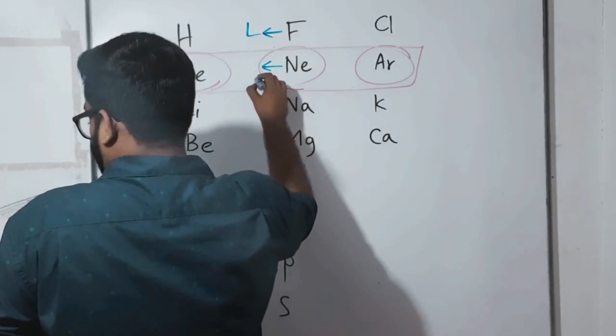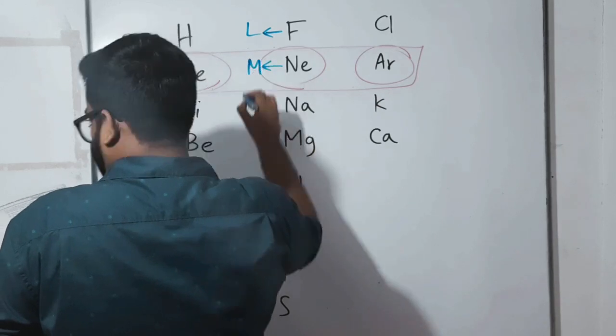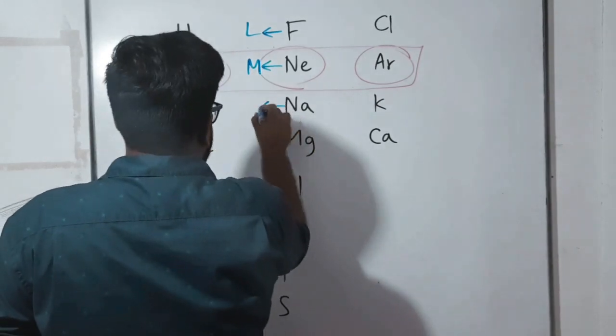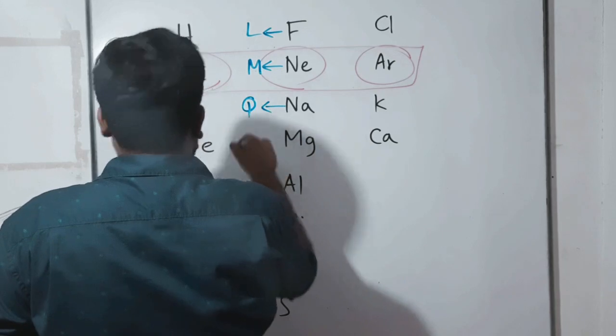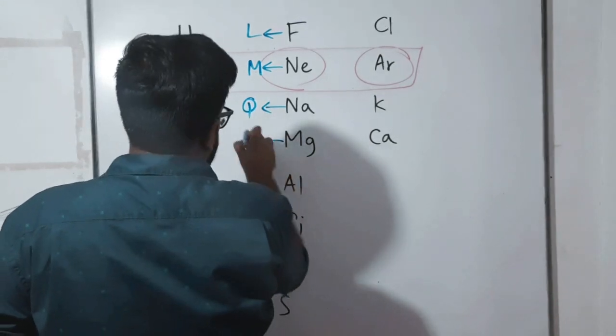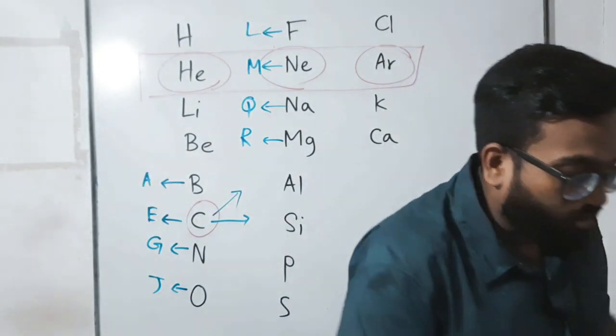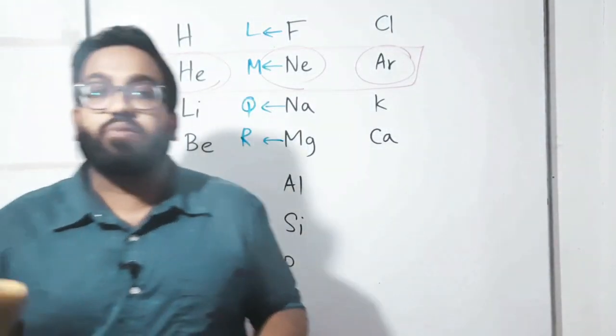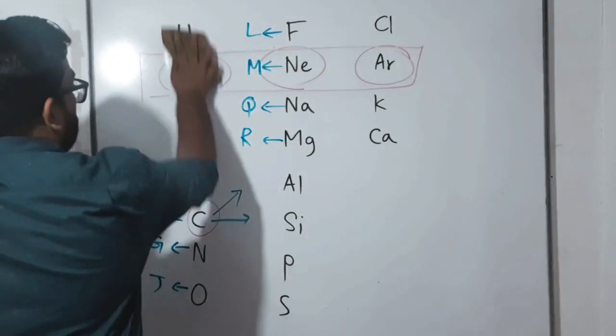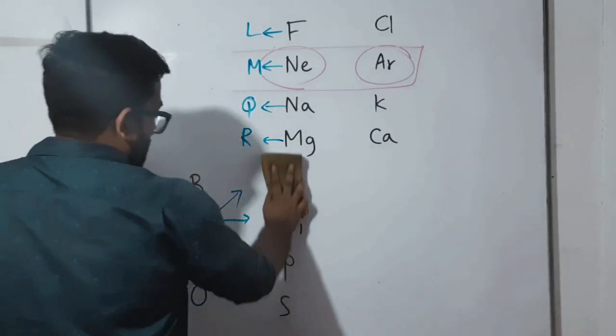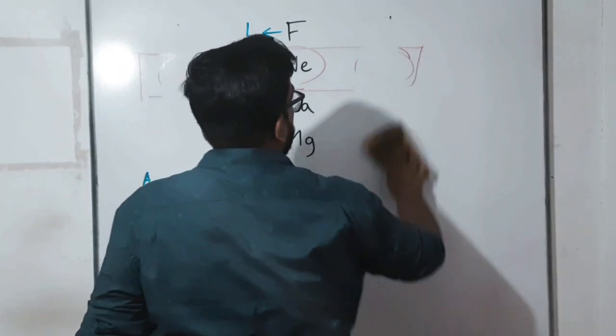Then what else? M is neon, and Q is sodium. What else? R is magnesium. Now we do not need other elements. That's why I'm erasing them. We do not need them because we have found the answers.